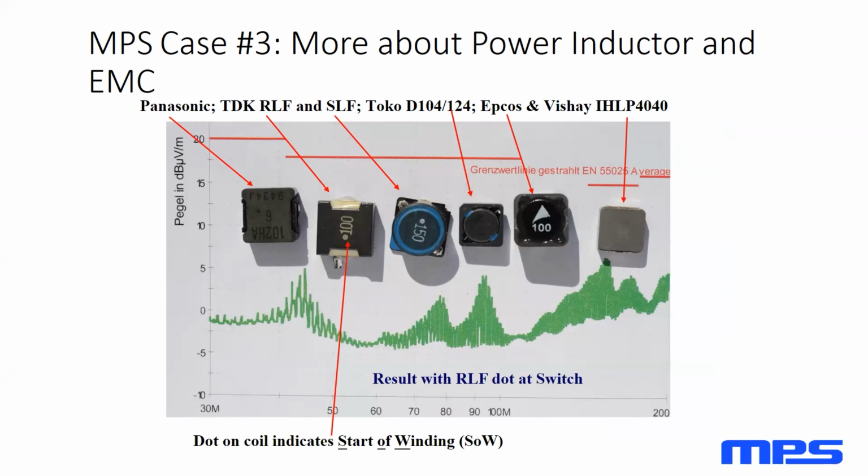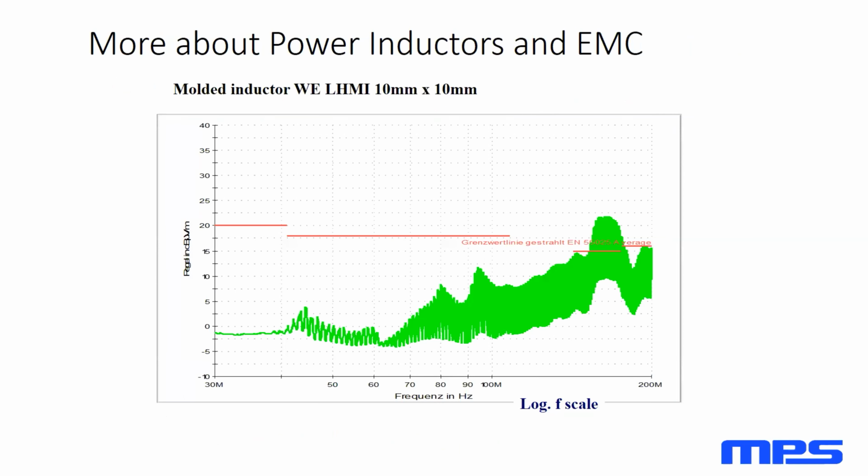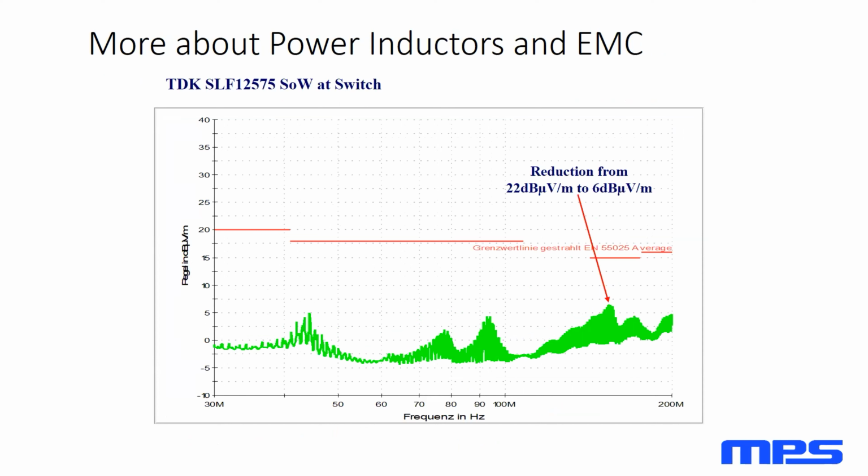Again, in terms of what was discussed previously, both the start of winding is important and the size. Typically larger inductors tend to have more antenna space, and we'll take a look at that as well. So just looking at different inductors, we've got this 10 by 10 inductor from, I believe, Würth, and not necessarily that this is a bad inductor, but there are just differences in terms of inductors, right?